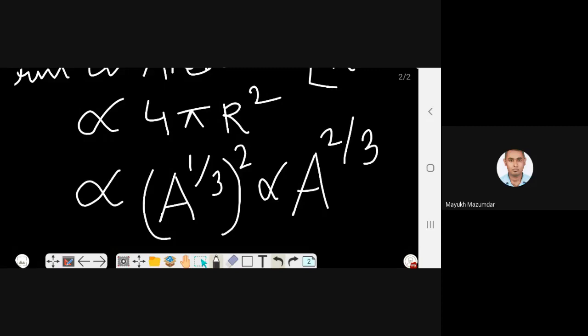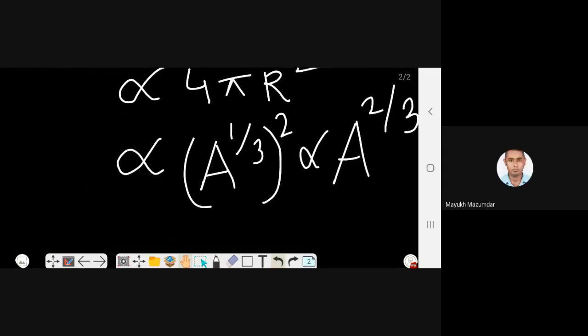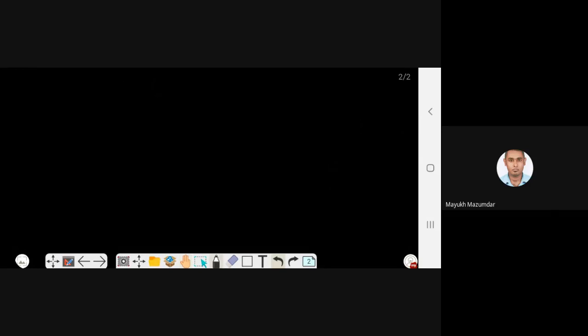So if you forget this in the exam, at least this term and even the Coulomb term you can remember. If they ask for the binding fraction, read the question.